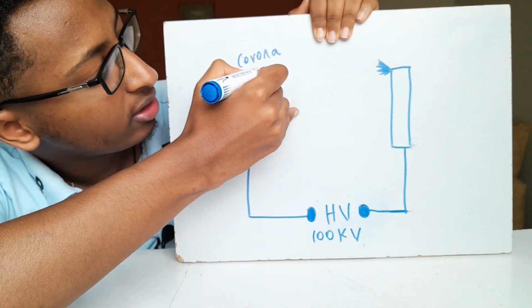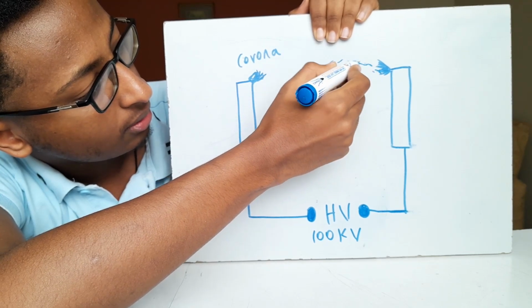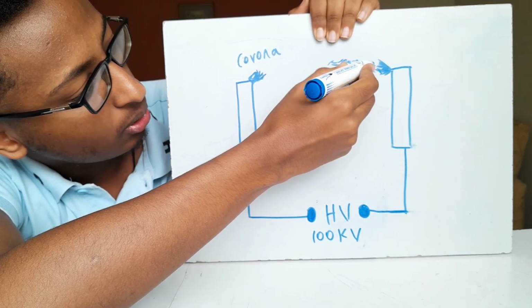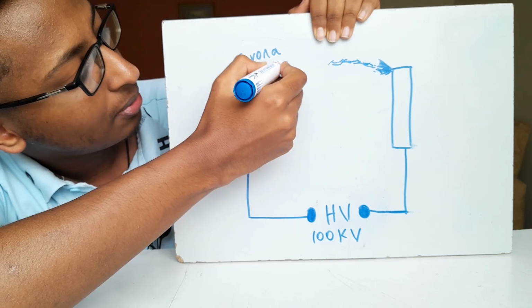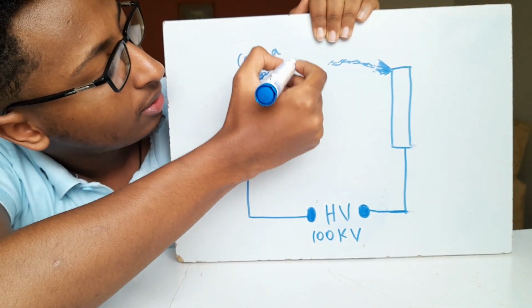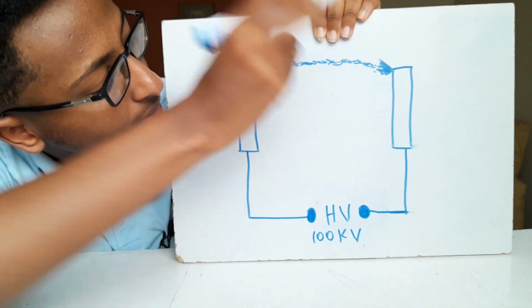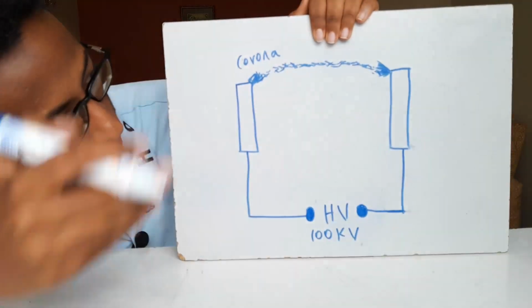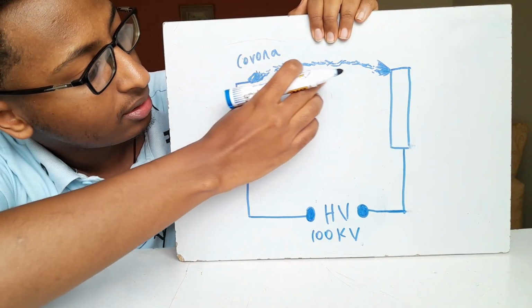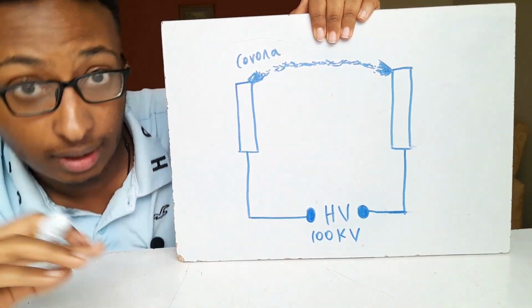The two will slowly come together, and more and more, these two start to connect. And then, boom, they are connected. We still call it a corona, but now it's called arcing.